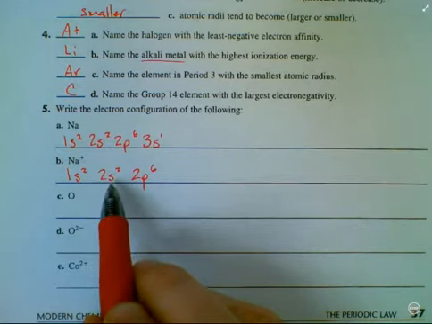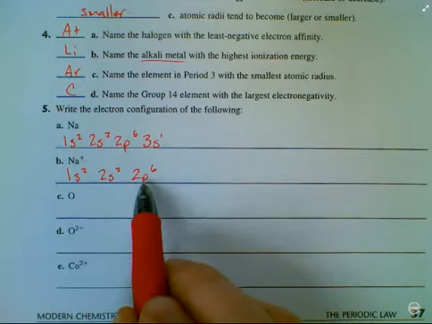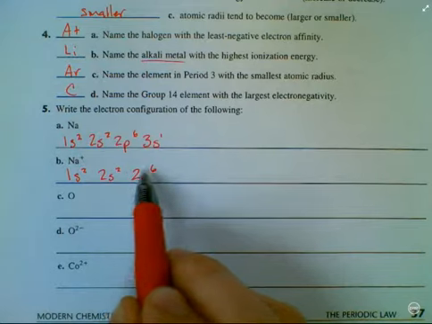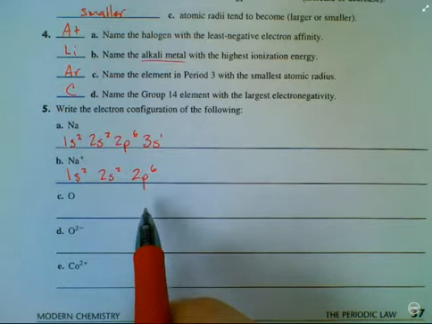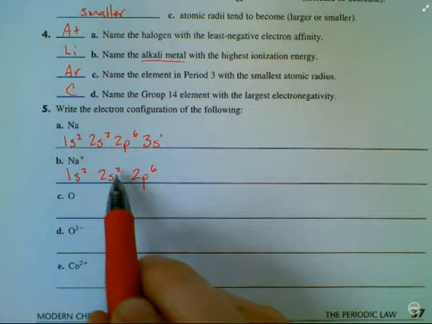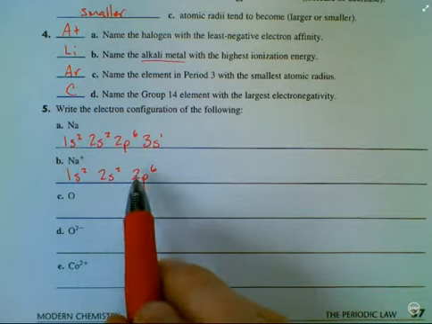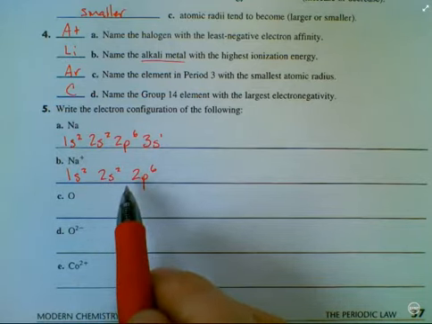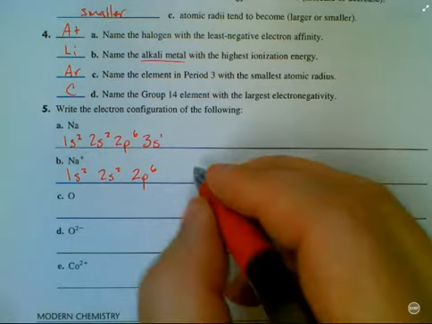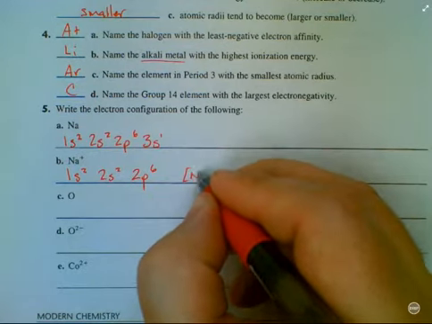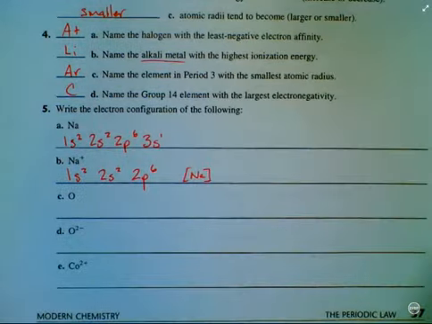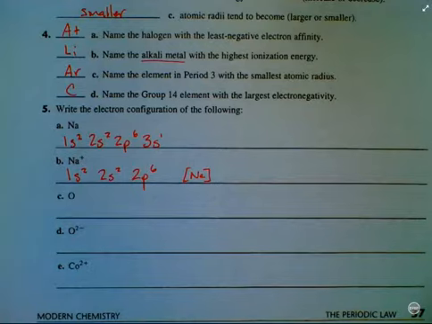In the second row, I have a full s and a full p sublevel, combining for 8 valence electrons, right? Valence electrons, the s and the p sublevel. There's 8 right there. That's a noble gas configuration of neon. That's nice and stable, right? Noble gas electron configuration.